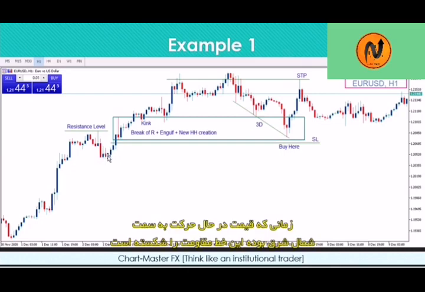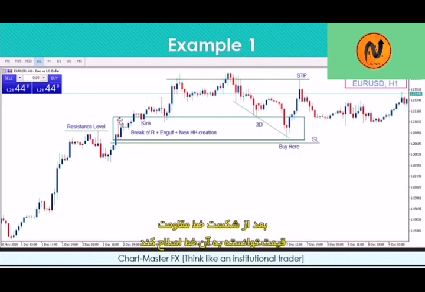As the price was going towards the northeast, you can see that the price was able to break this resistance line. Once we had a break, the price was able to retrace back to this resistance level, and it managed to break it.